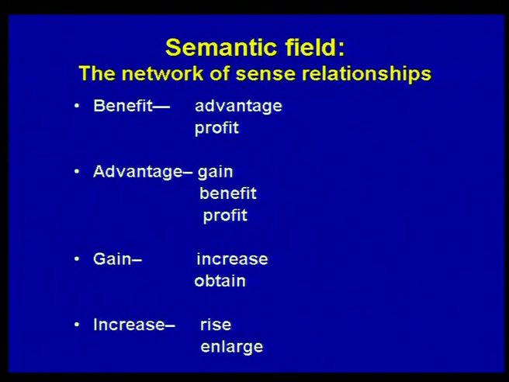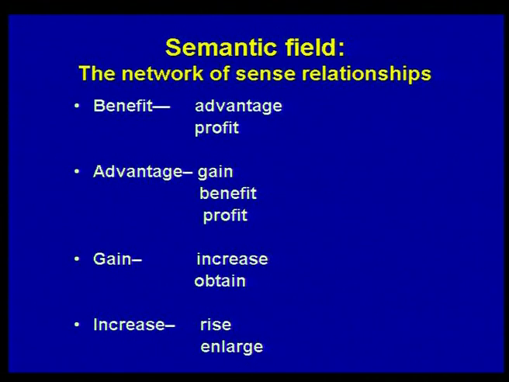Now, if you look up the dictionary meaning of words, you again find a very interesting process at work. Look at this. The word benefit, in the dictionary, is advantage or profit. Look up the word advantage again. It is anything like gain, benefit or profit.